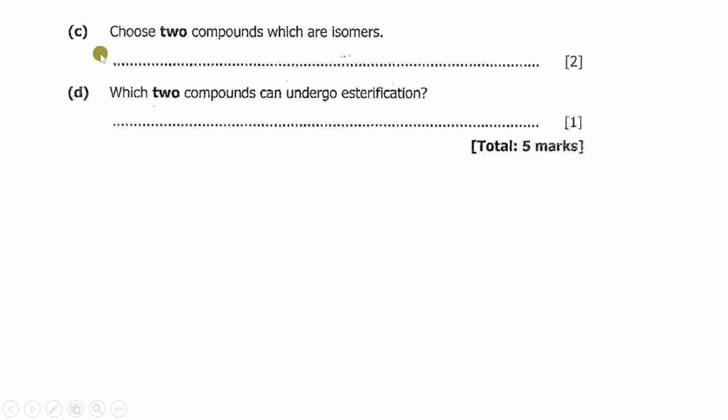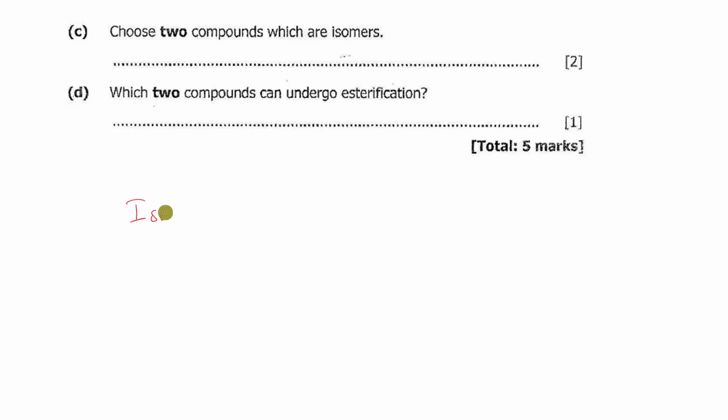Then they're saying, C, choose 2 compounds which are isomers. So isomers are organic compounds which have the same molecular formula but different structural formula. Let me define for you isomers in case a question comes to define isomer.